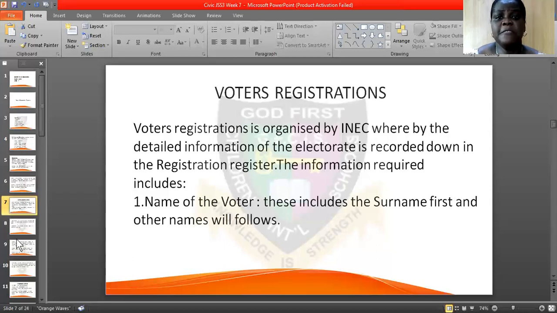The name of the voter has to do with the surname and the other names. The surname is the first name, while the other names are the second or third names that the voter or the electorate bears. Take for instance, Adegun Taiwo Johnson. Adegun is the surname, Taiwo is the other name, with Johnson.